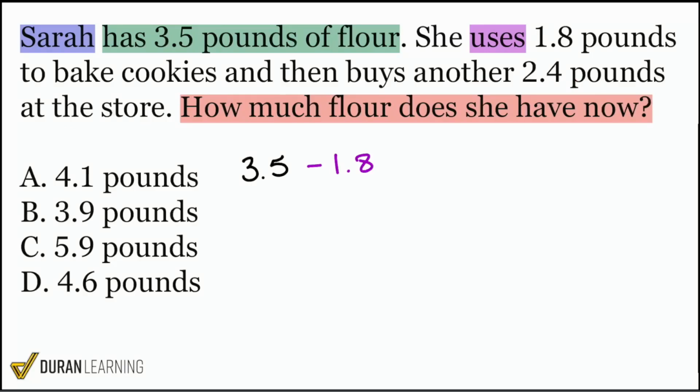Everyone, what can we say the word buys implies? Yeah, that means addition. That means we're gaining some more. By going to the store, we purchase it and we get more of it. So boom, there we are. So buying another 2.4 pounds is going to be just adding right over here.